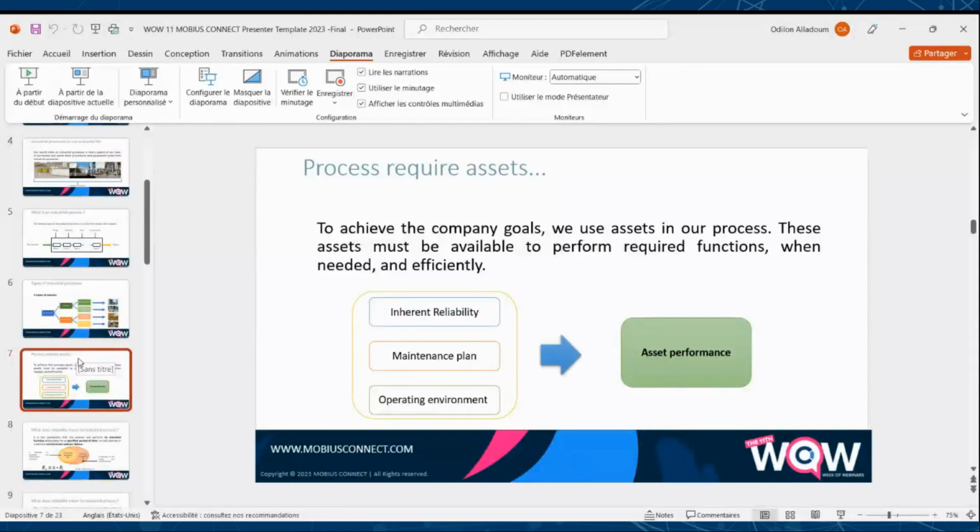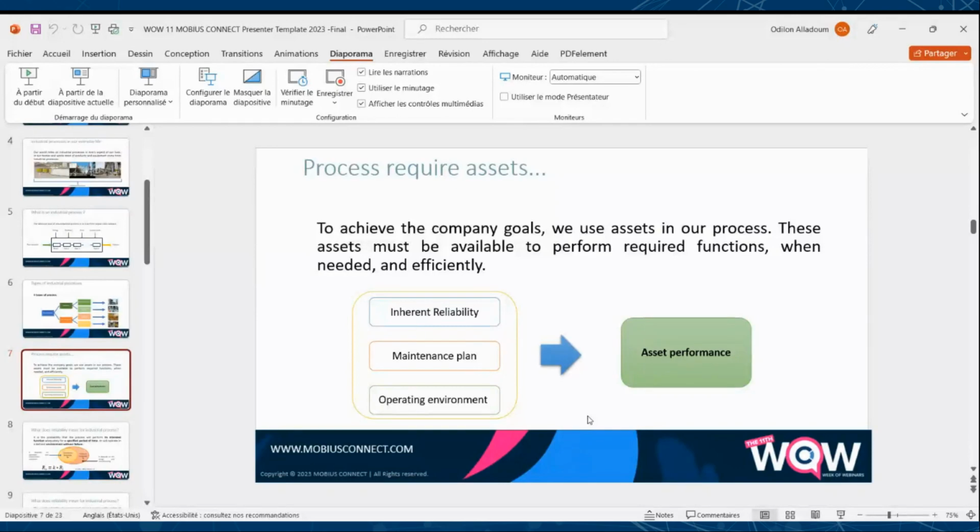There are three main attributes that contribute to asset performance: inherent reliability, a maintenance plan, and operating environment. So let us see what reliability and inherent reliability are for industrial processes.